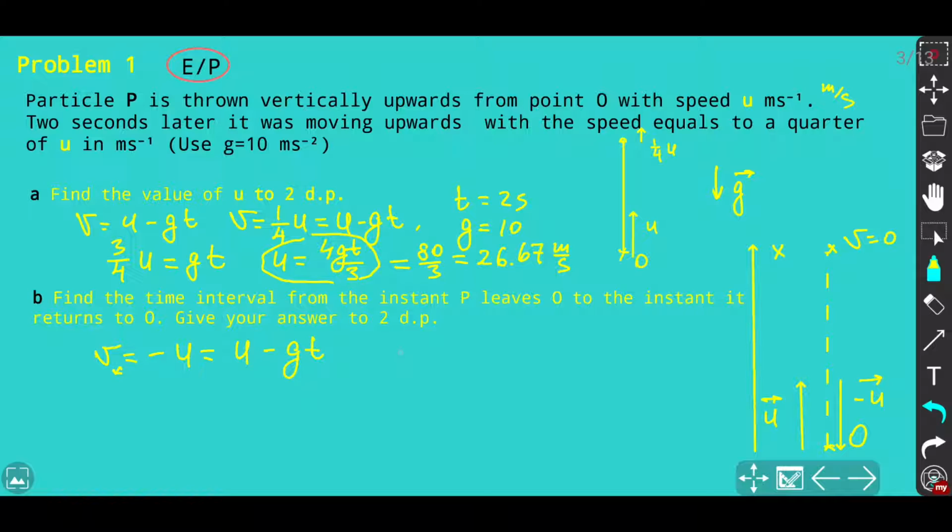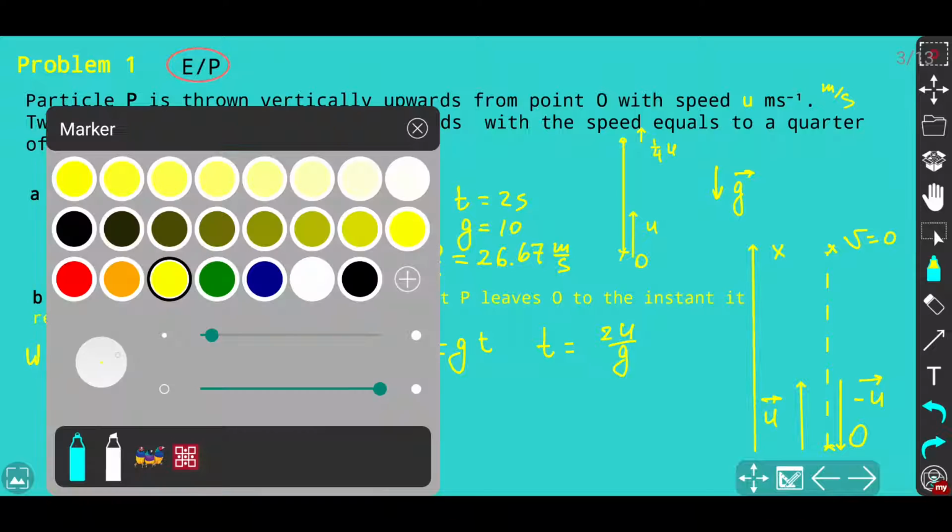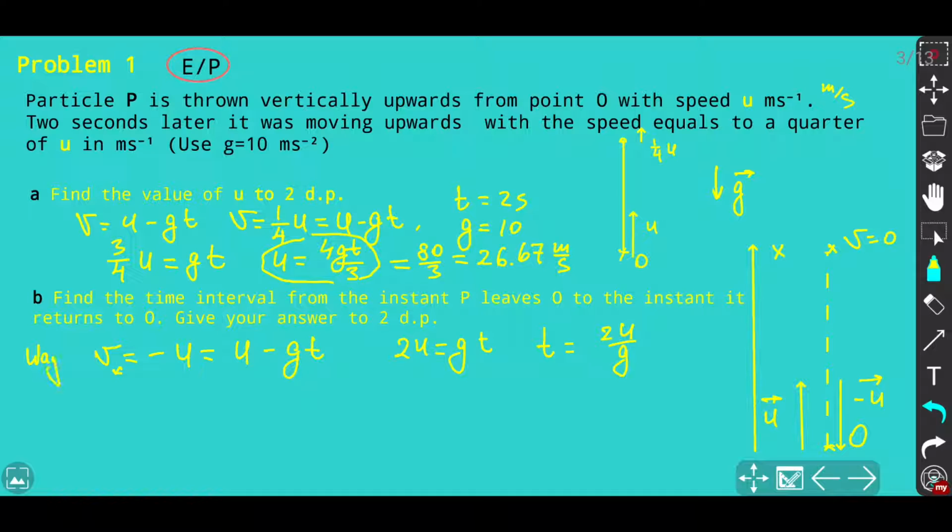From where you can establish time, so you'll get 2u equals gt, from where the time traveled to the maximum height and the way back is going to be equal to u over g. Okay, here is an alternate way using displacement. So this is way 1, which is pretty straightforward, but I'll show you way 2 because it's always applicable here.